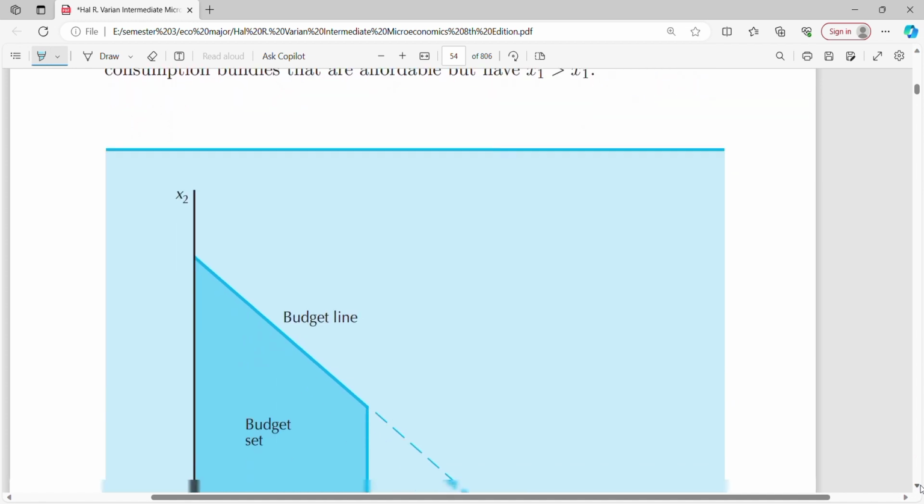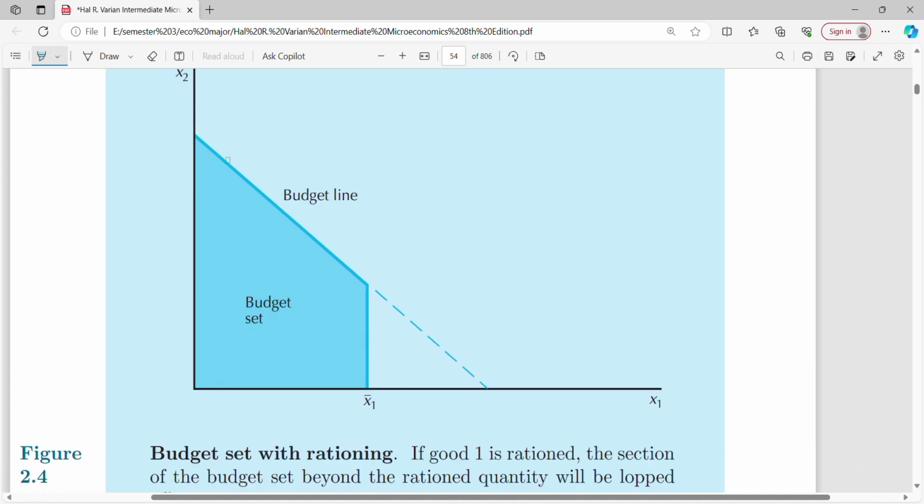So first I will show the graph. This is the budget line, and we can consider the example of butter. The citizens, the consumers, were only allowed to consume butter till this X1 bar. After that, they were not allowed.